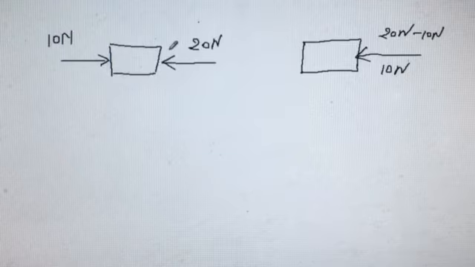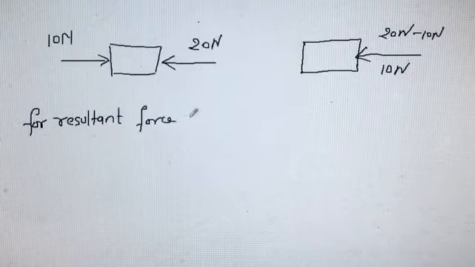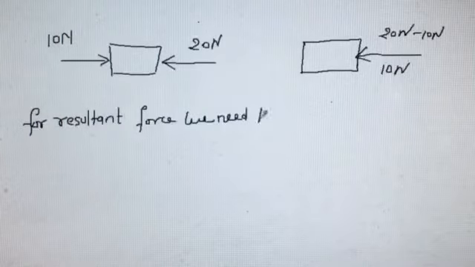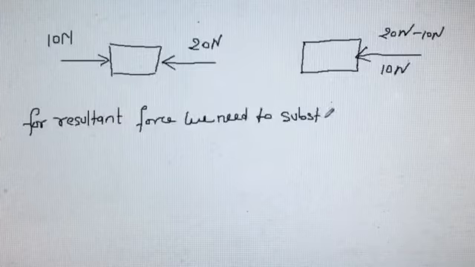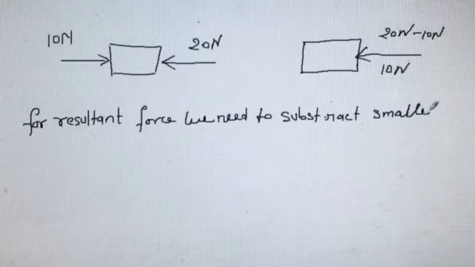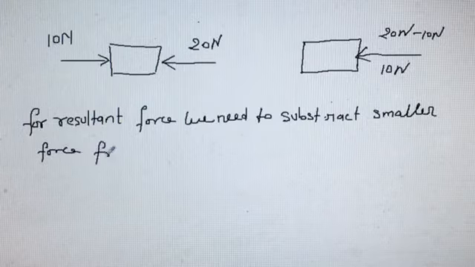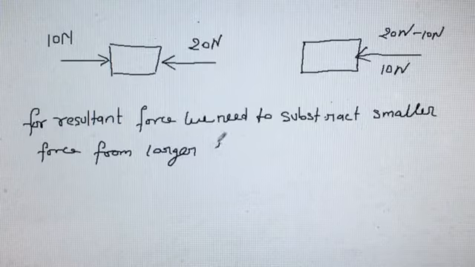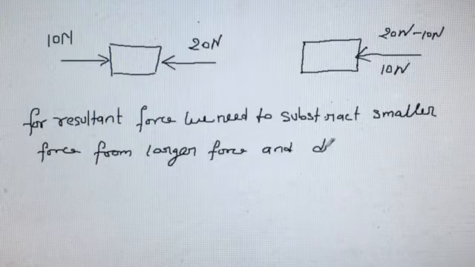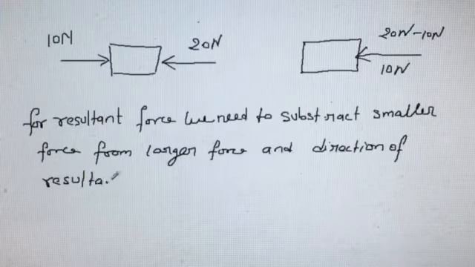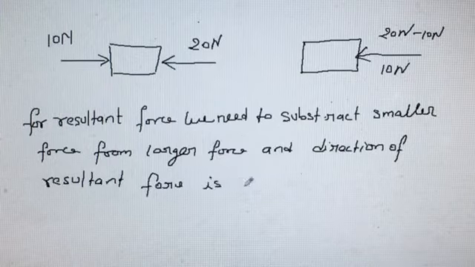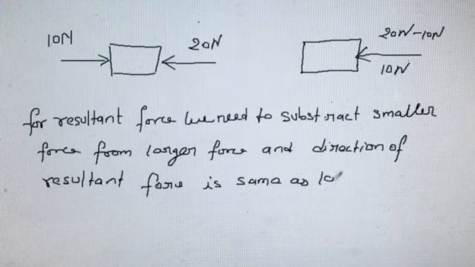From here, we can write down that for resultant force we need to subtract the smaller force from the larger force, and the direction of the resultant force is the same as the larger force.